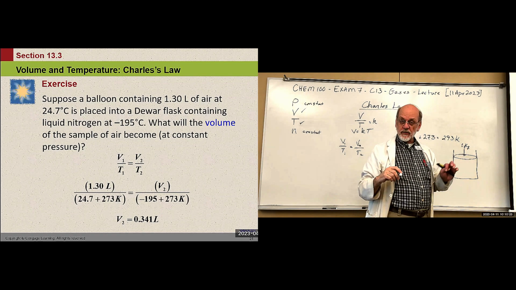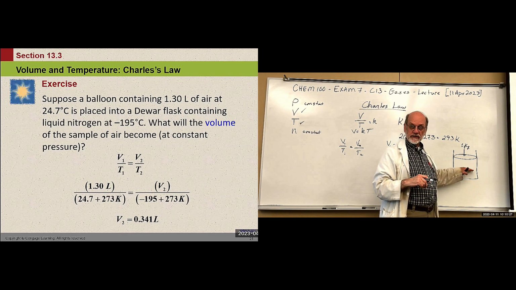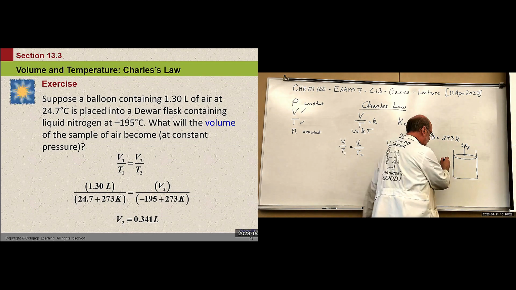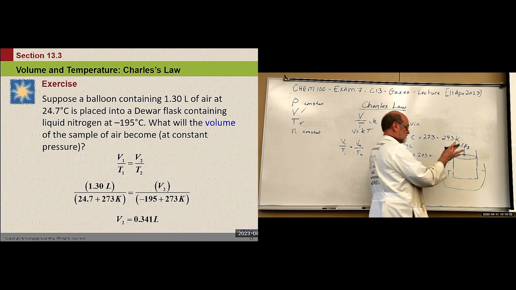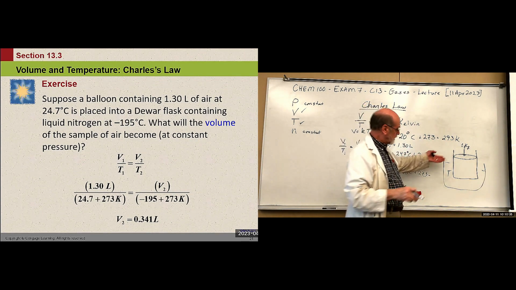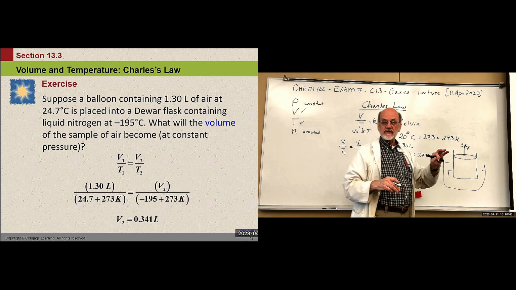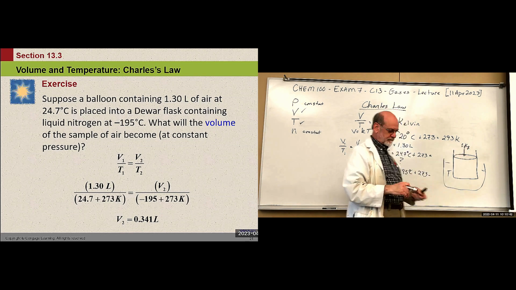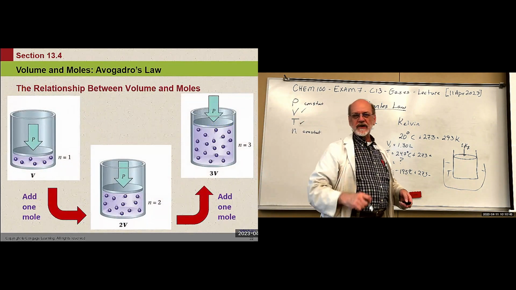So the pressure now is constant. And we have the same number of moles in here. So we put it in a bath of some kind and change the temperature, right? So now we can let the volume change with the temperature, and the pressure is constant and the moles are constant. That's how it's done. Oh, and there's a picture example of it.